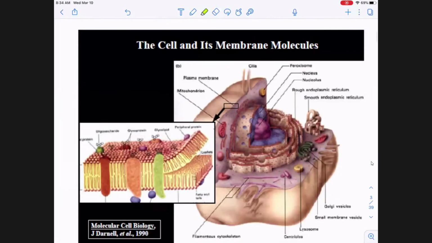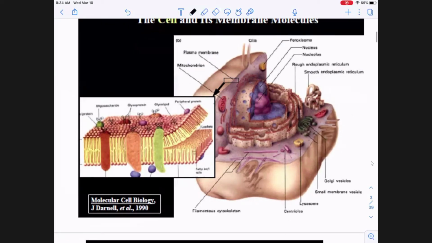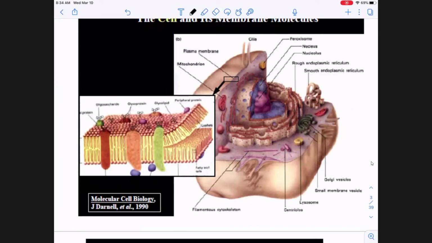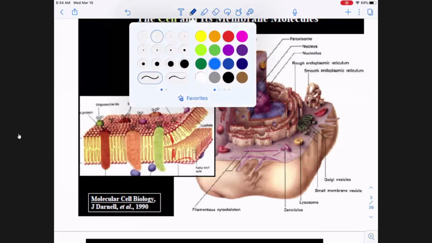The basic component is the cell. So we know the cell membrane, which we already introduced before, has two types of regions. Let me give a little more detail here. This area is hydrophobic and this one is hydrophilic.